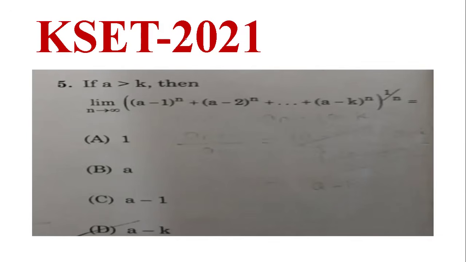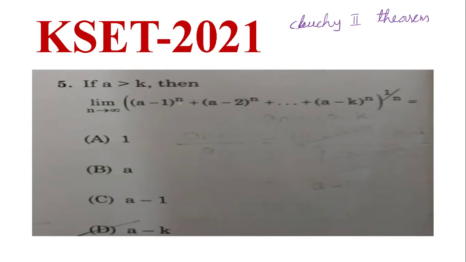Next question, 2021. If a > k, then the limit as n tends to infinity of ((a-1)^n + (a-2)^n + and so on + (a-k)^n)^(1/n). This is based on Cauchy's second theorem and monotonic sequence.